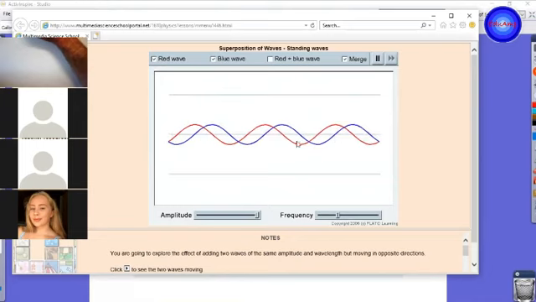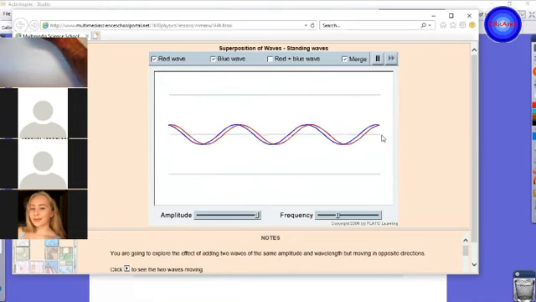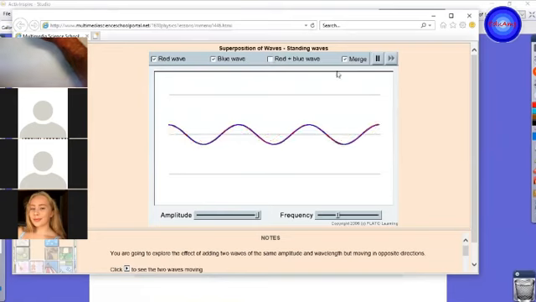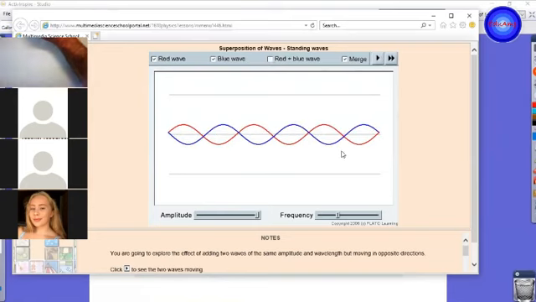So as the red wave goes out, it hits this point here, it gets flipped by 180 degrees and then travels back. What you then get is an interference pattern of the red and the blue. To freeze it at a certain time, you add the red and the blue wave together. What you then get hold of is the black wave, and this is the standing or stationary wave you see.